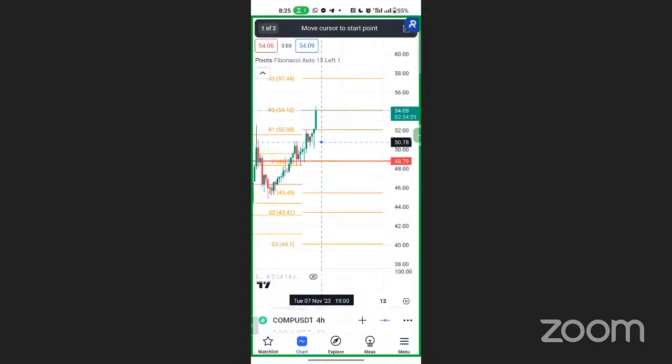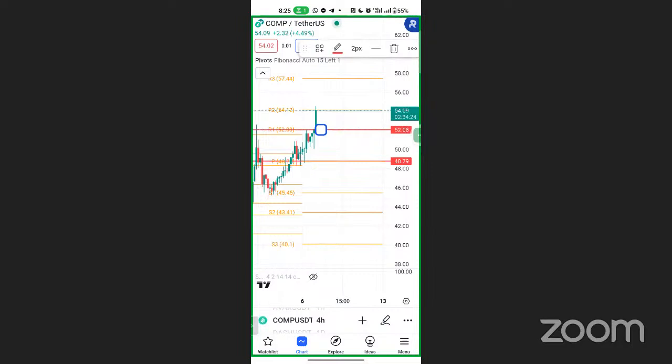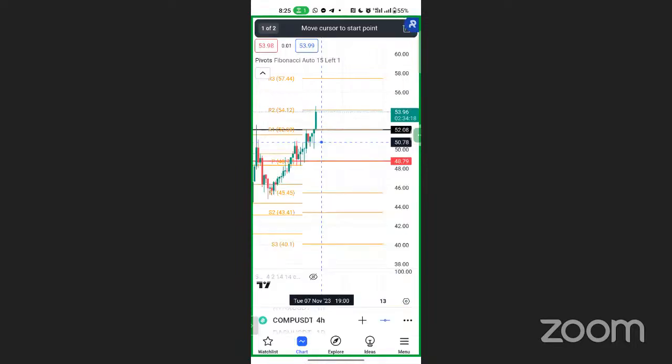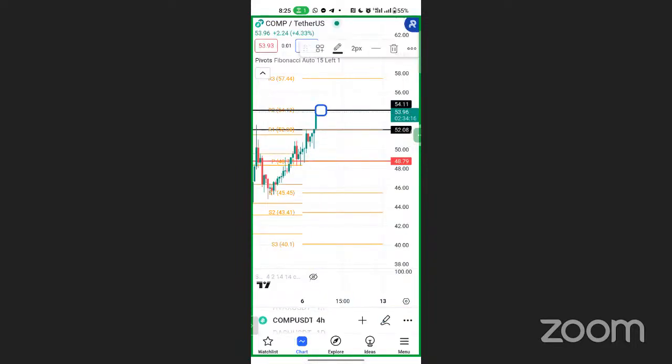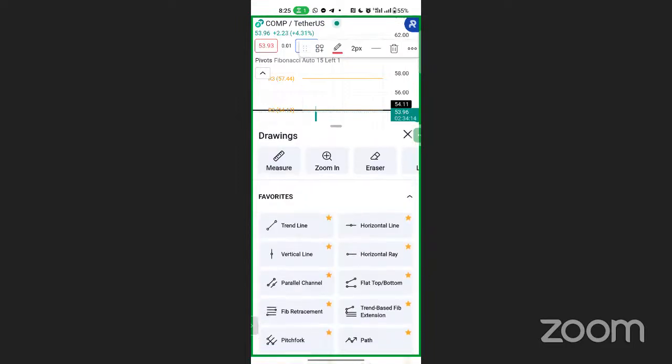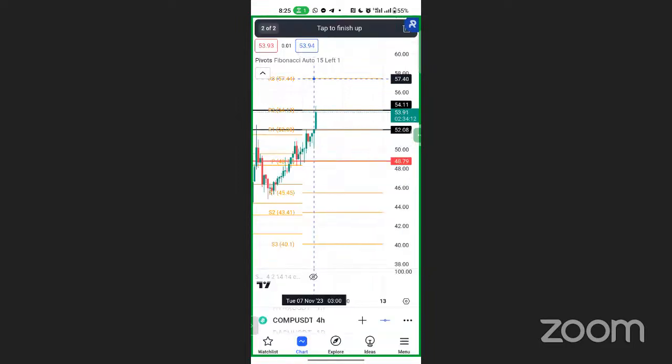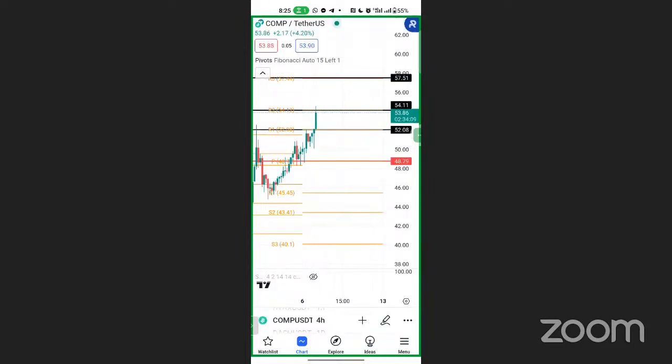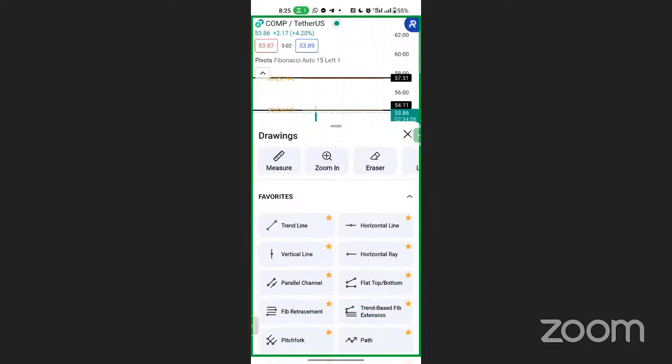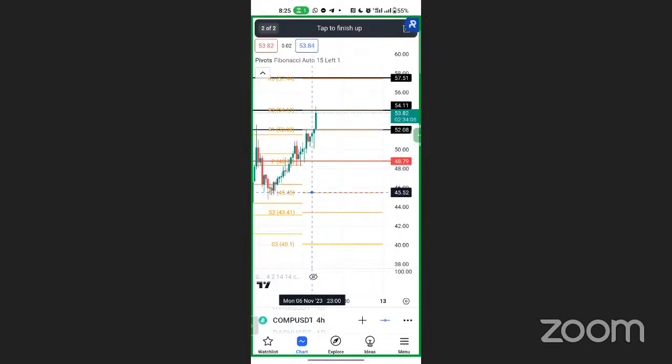Then we shall go on top and tap on resistance and we draw a line at resistance. I have chosen black. You could choose your own color. Then we go to resistance 2 and give it black. Then we go to resistance 3 and give it black. Then we come to support 1.